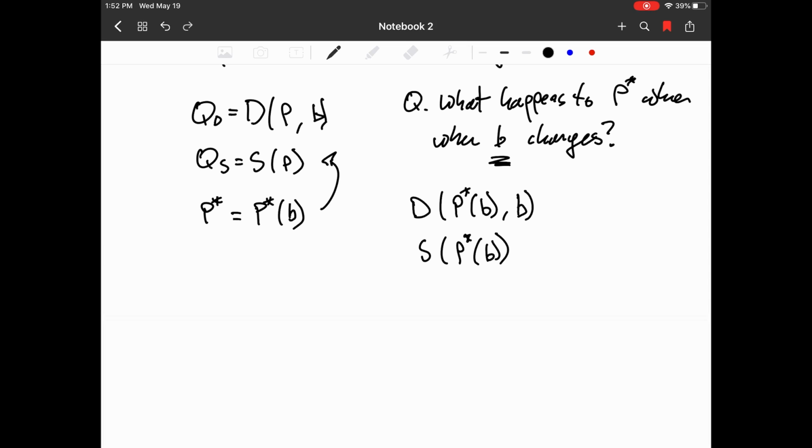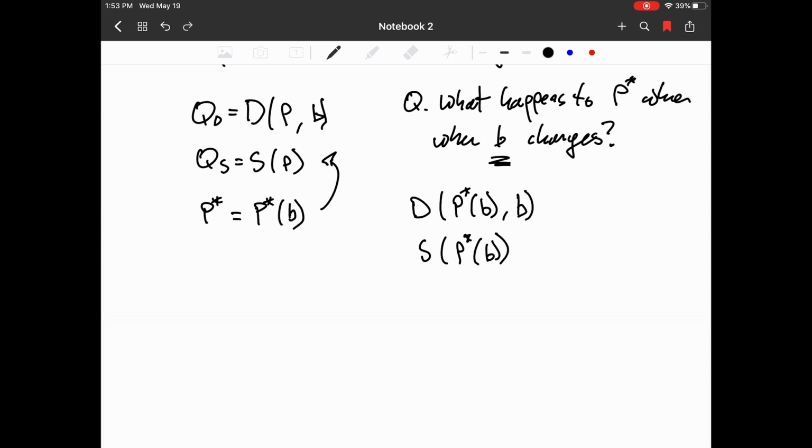So to answer our question, how does an increase in the demand shifter b affect the equilibrium price? We have this equilibrium relationship between p and b that has to hold in equilibrium.